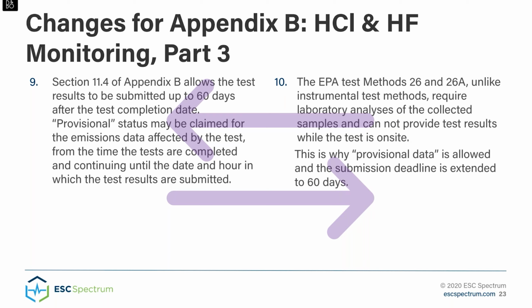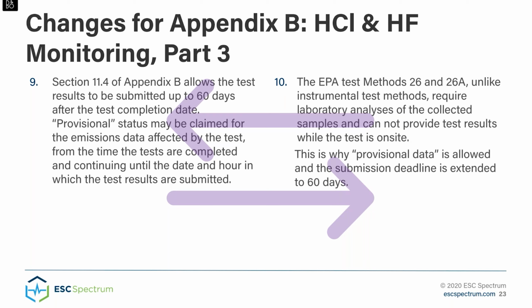This slide mentions the provisional status that can be claimed for HCl and HF monitors. That's because frequently the type of reference method data collection that is required, these types of tests require samples to be collected in the field and then sent off to a lab where the final analysis is performed and the results are recorded.